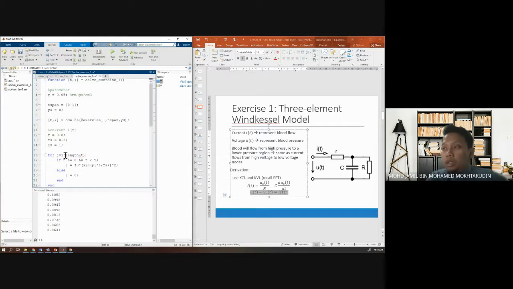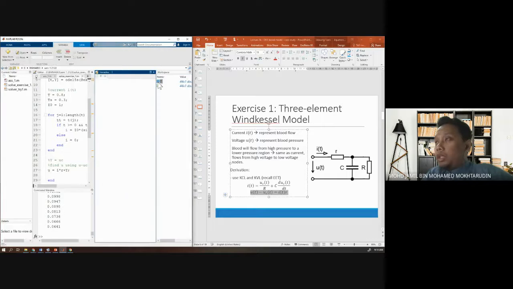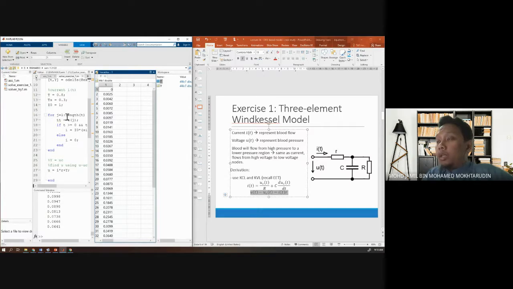So length of t means the end value of t. And then you read the time t. Say we define tt equals t j. So tj means, let's say, if j equals 1, we read the first value of t. Okay, so the first value is t equals 0. So when the for loop increases from 1 to 2, then it reads the second value of t, and so on until the end of t, length of t.